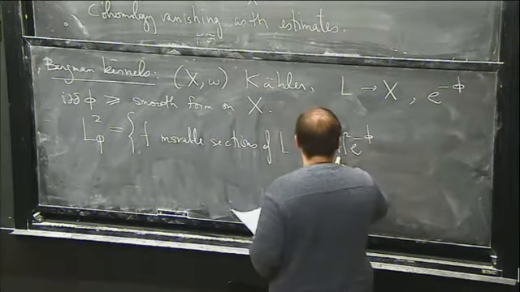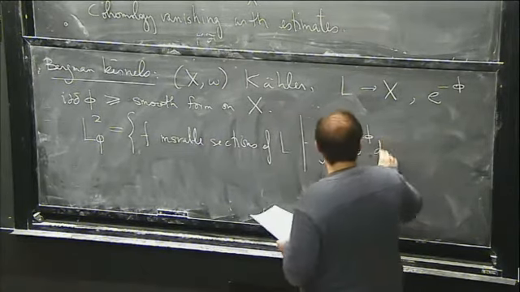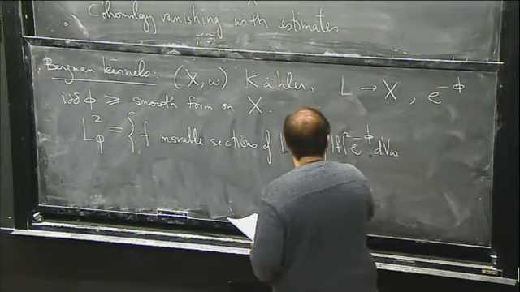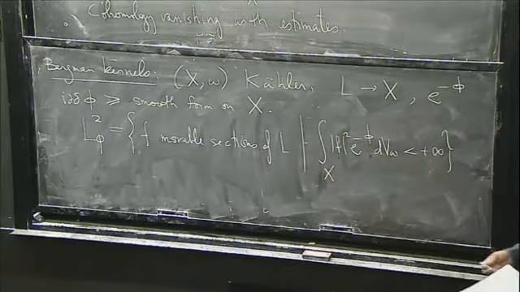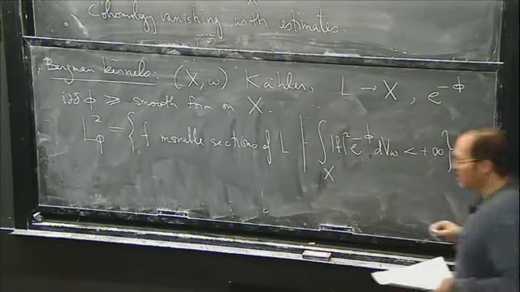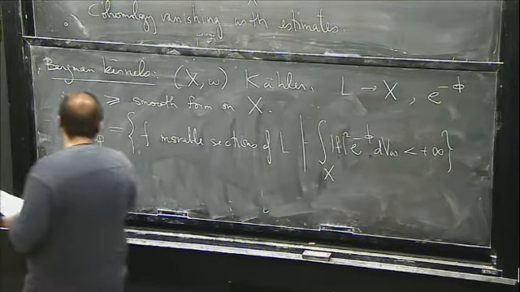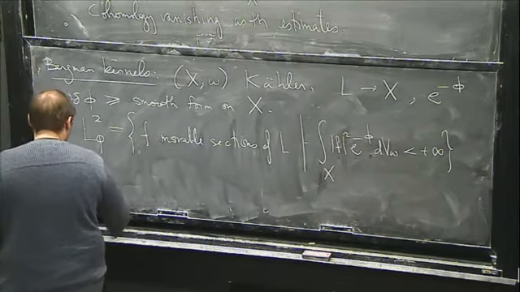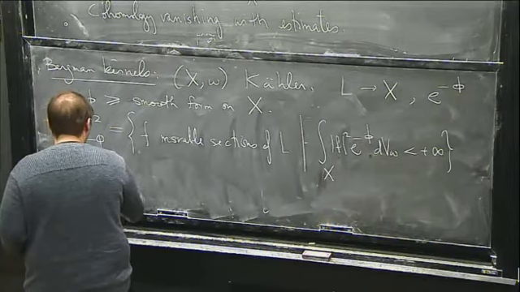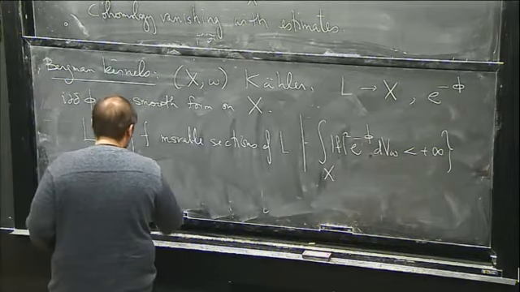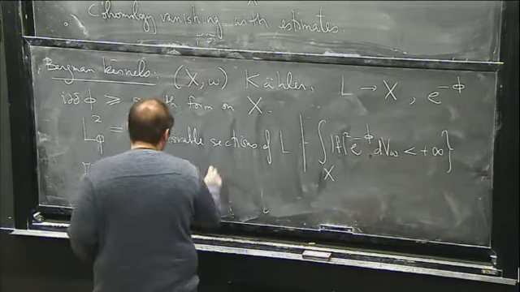So you measure the pointwise norm, integrate with respect to the Kähler volume, and you want this to be finite. So this is some huge vector space, but it has a subspace which I'm going to call H2 of phi, which is the elements of this space that are also holomorphic sections.